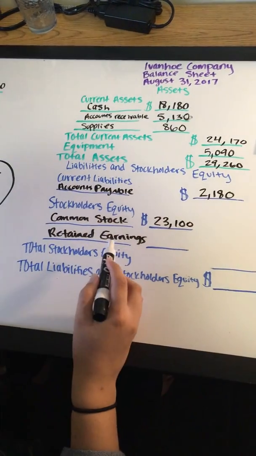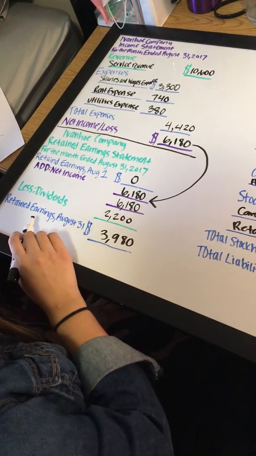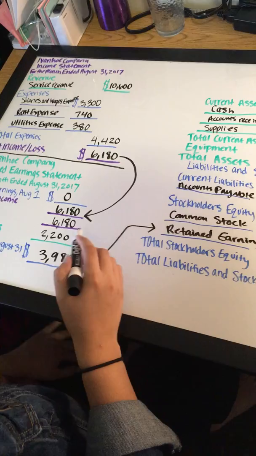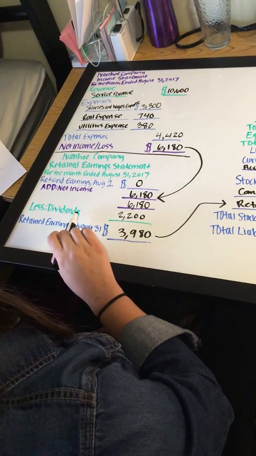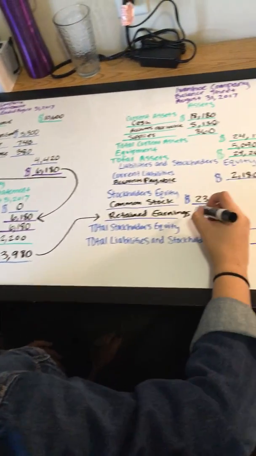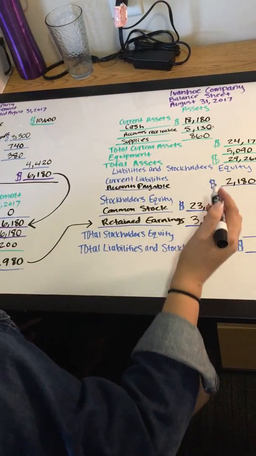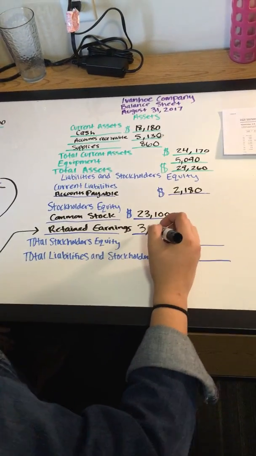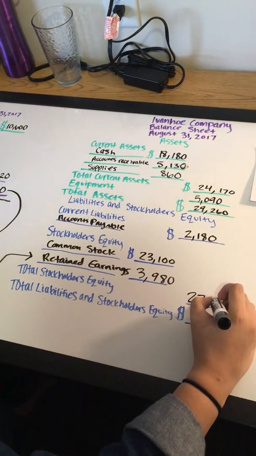Then for retained earnings, remember we just completed the retained earnings statement. The ending retained earnings comes from there, where you add your net income and subtract your dividends, and we found that as 3,980. Then you add up your total stockholders' equity. When you add these two numbers, you get 27,080.